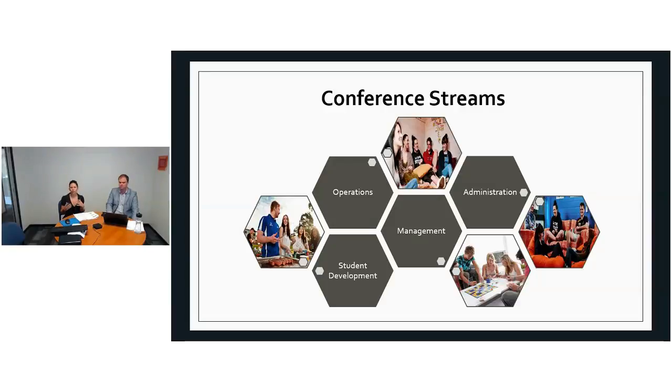Attendees can then look at it and go, okay, I'm a front desk staff member, I want to go to the admin sessions as much as possible, and find relevancy without having to attend sessions that may not fall within their remit. Obviously, we can't guarantee that we will have a session every time that covers one of these 4 streams, but that will be the aim.